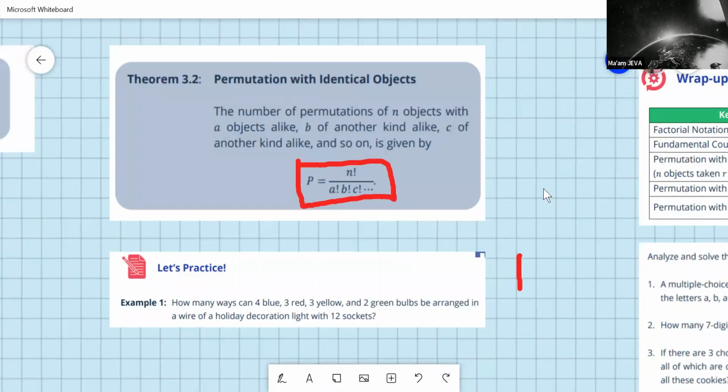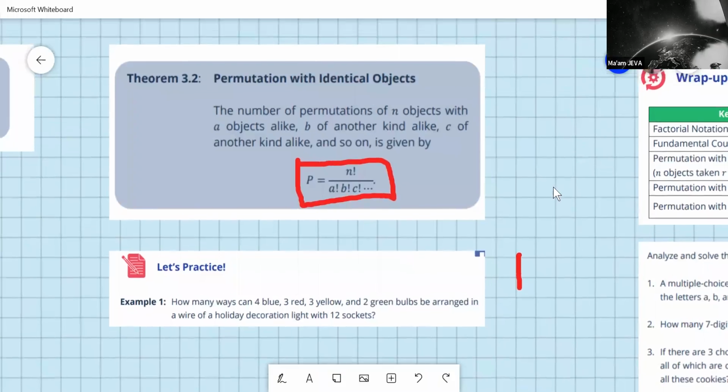I will be showing you different problems and then you identify what kind of permutations they are. The difference is that whenever there are identical objects in that particular permutation, you will use this formula.